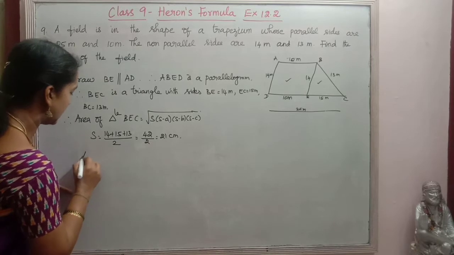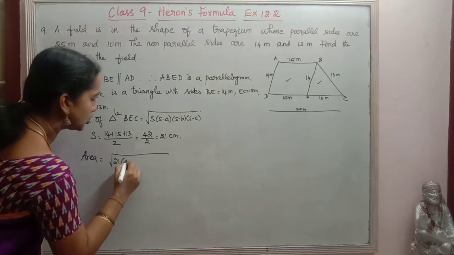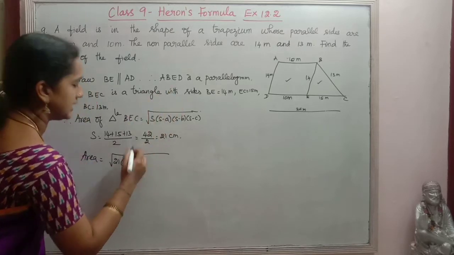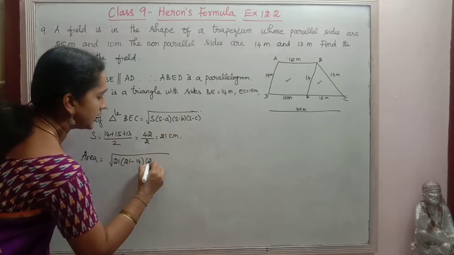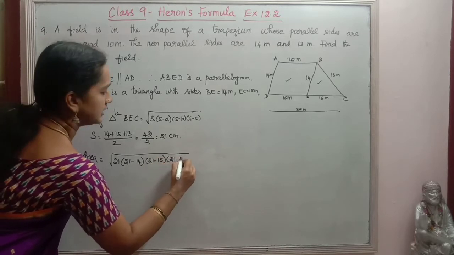So area is equal to root of 21 into 21 minus 14, 21 minus 15, 21 minus 13.